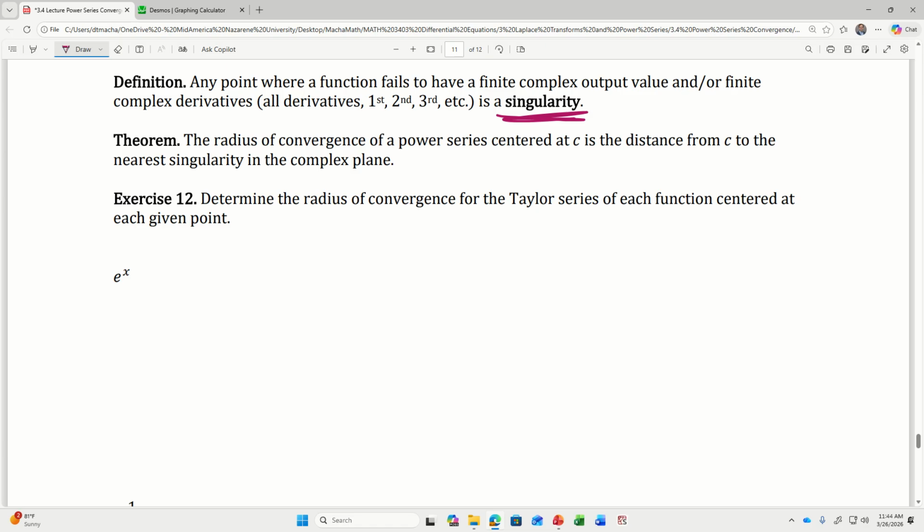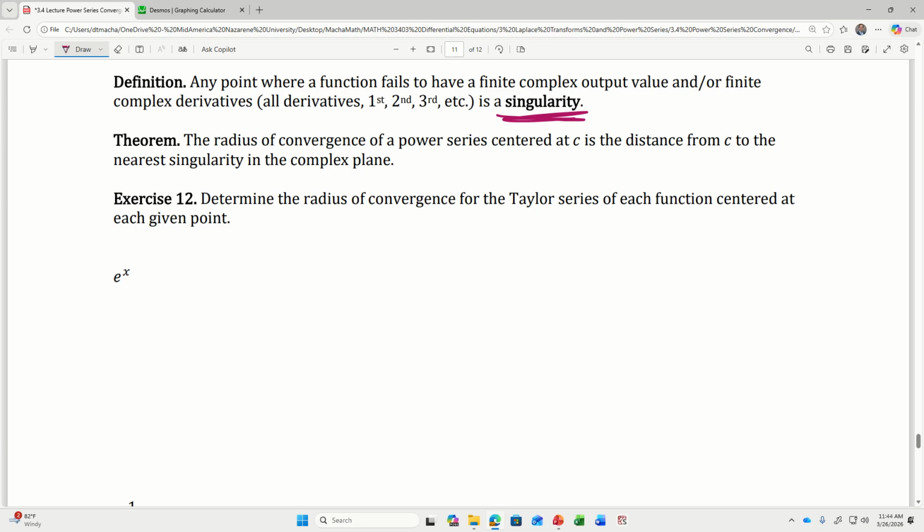Because your power series for your function is linked to the derivatives of your function by that Taylor series formula. So if the derivative doesn't exist and it's not a finite value, the Taylor series formula is telling you the power series can't describe it there.